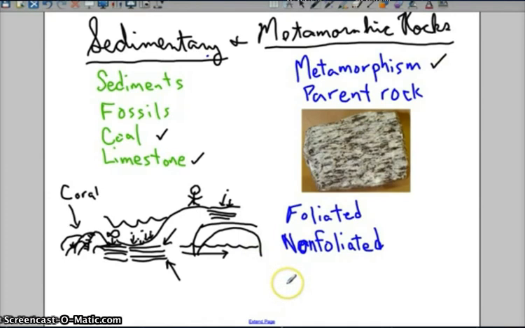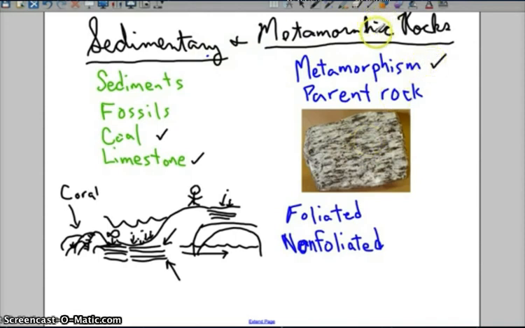An igneous rock can turn into a sedimentary rock. Sedimentary rock can turn into a metamorphic rock, and they all are interchangeable. So forming, say, sedimentary or igneous rocks by heat and pressure is called metamorphism, and the resulting rock is going to be a metamorphic rock.